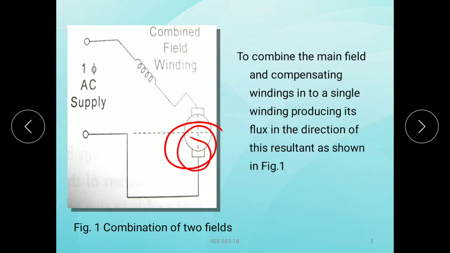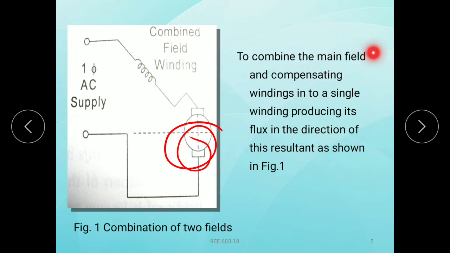So here, to combine the main field and compensated windings into a single winding, producing its flux in the direction of this resultant as shown in the figure.